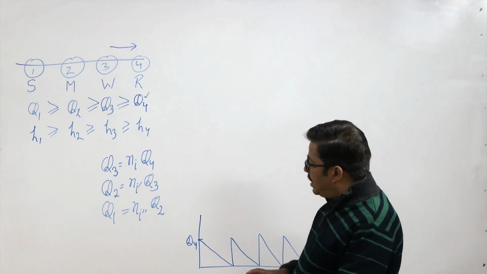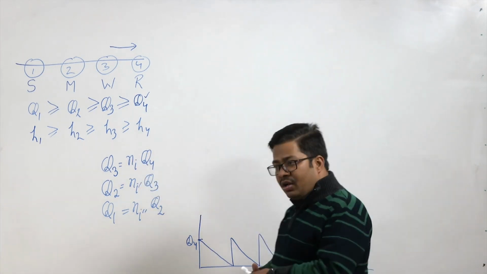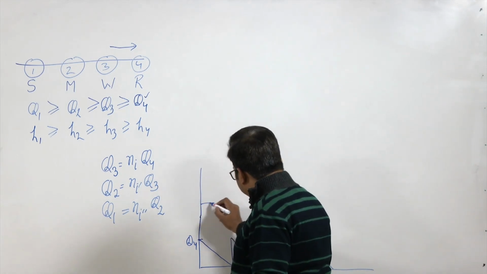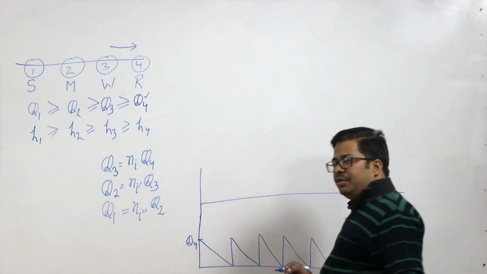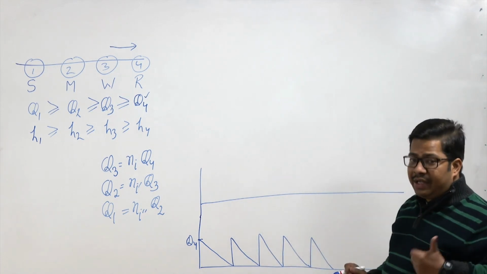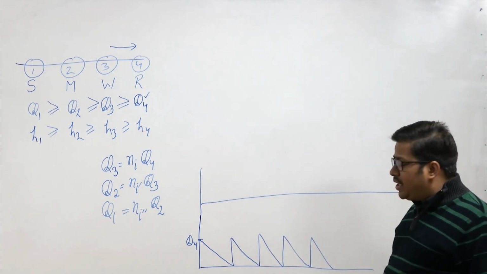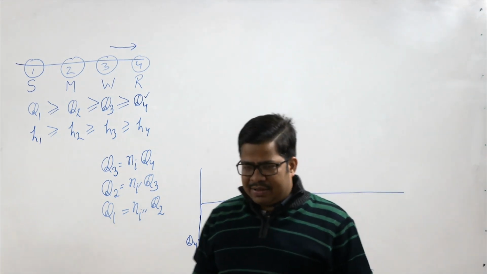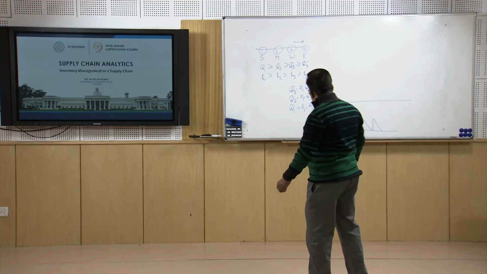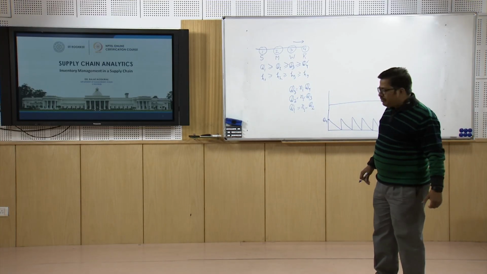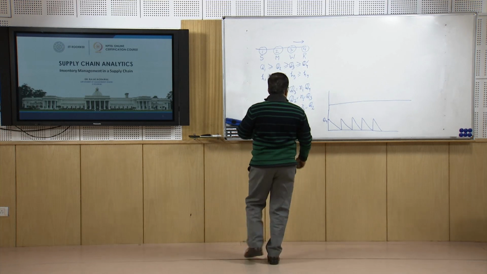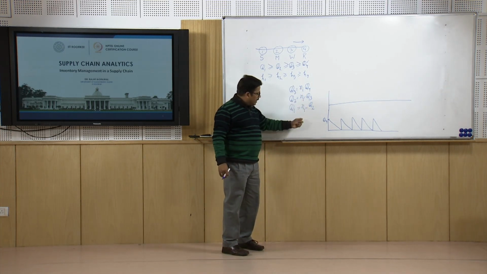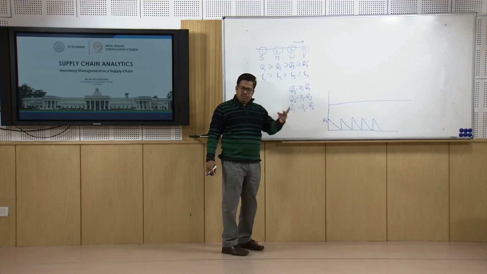Now, let us come to stage 3. In stage 3 you require Q3 items. Now, a very specific case: just to make it simpler, I have taken the values of Ni, Ni dash and Ni double dash equal to 2.